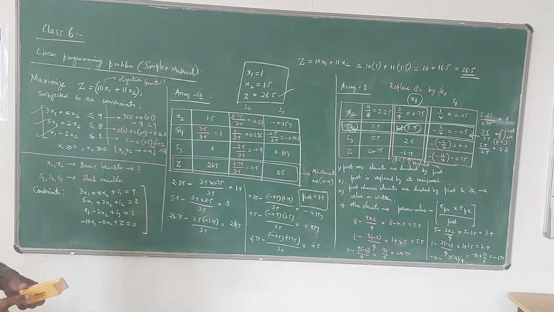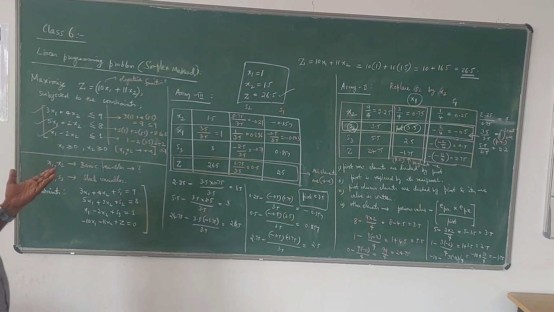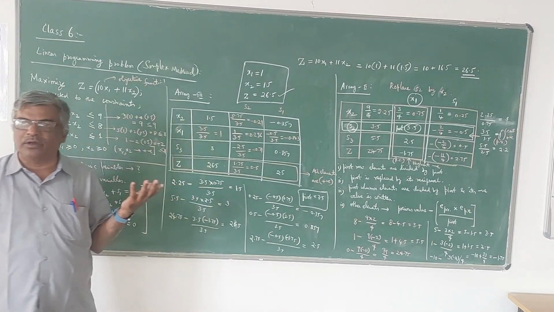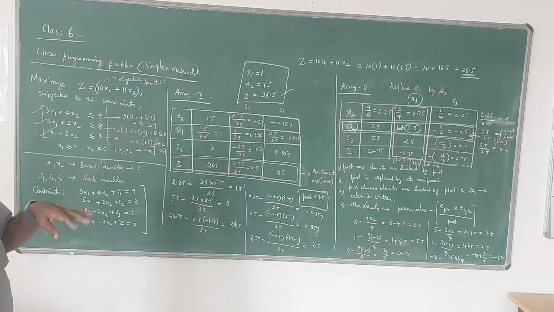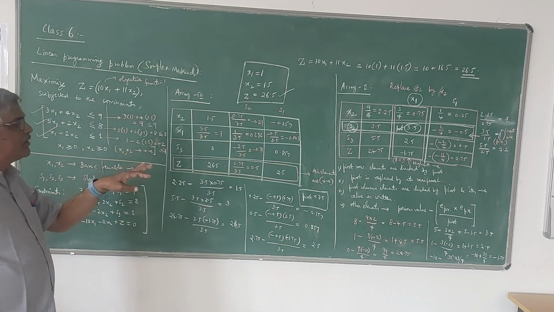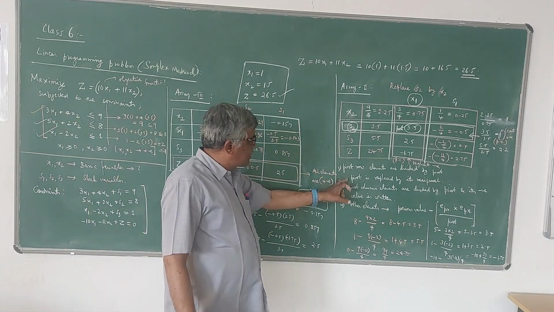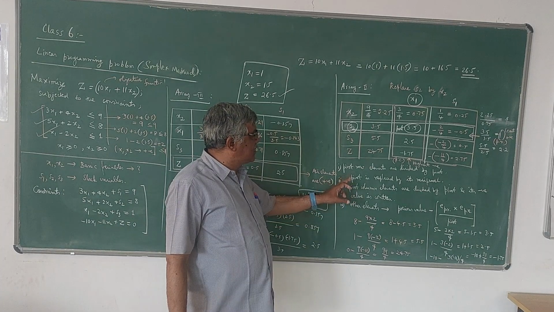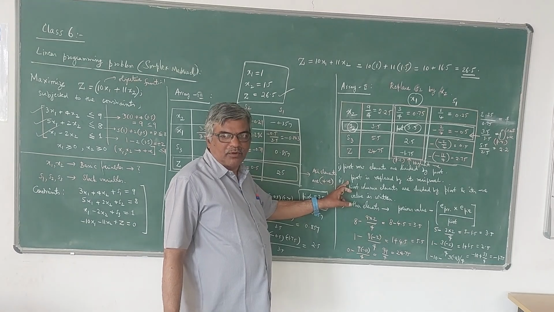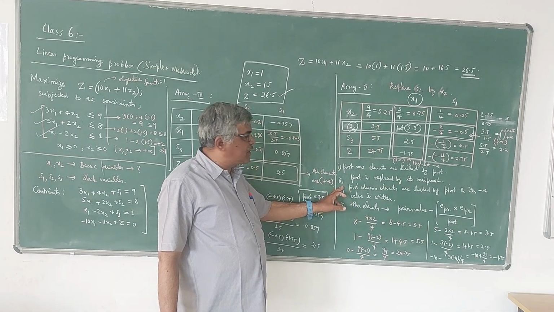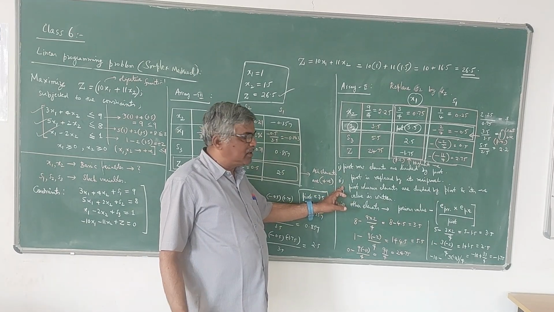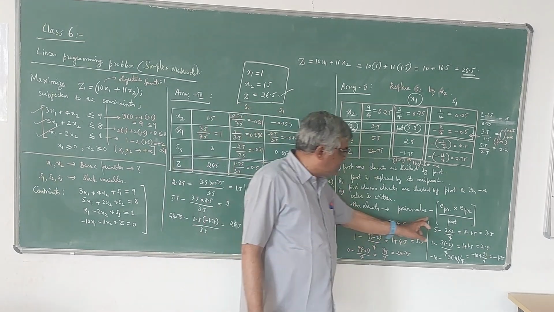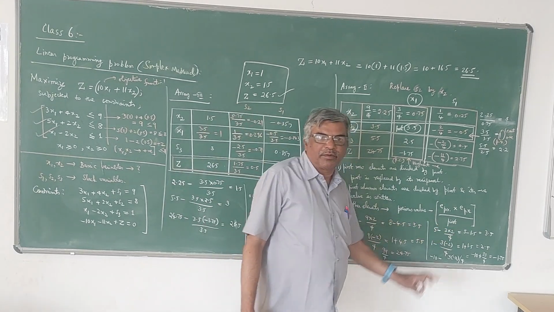So in the first table, you have to find out the pivot column, pivot row and pivot. Then to get the second table, these steps are important. The pivot row is divided by the pivot. The pivot is replaced by its reciprocal. The pivot column elements are divided by the pivot and the negative is taken, and the other elements are replaced using this expression.